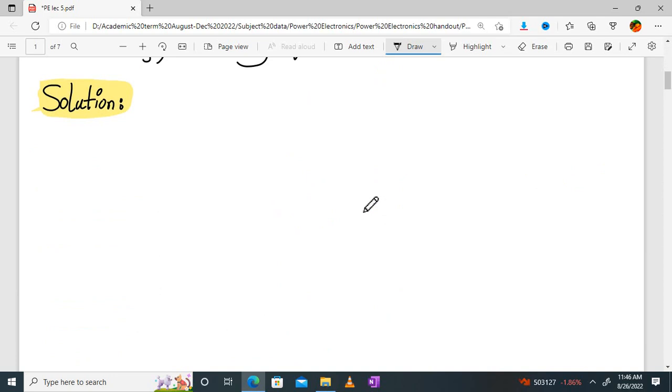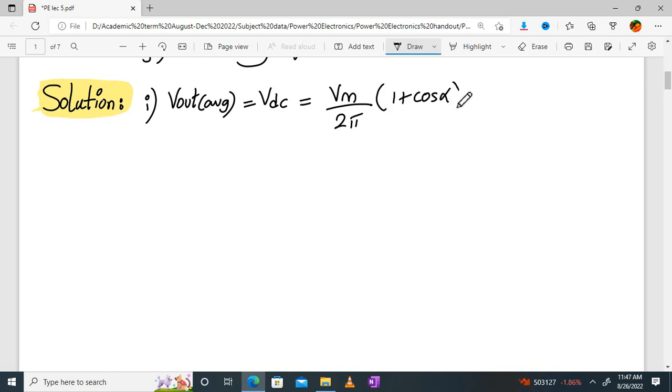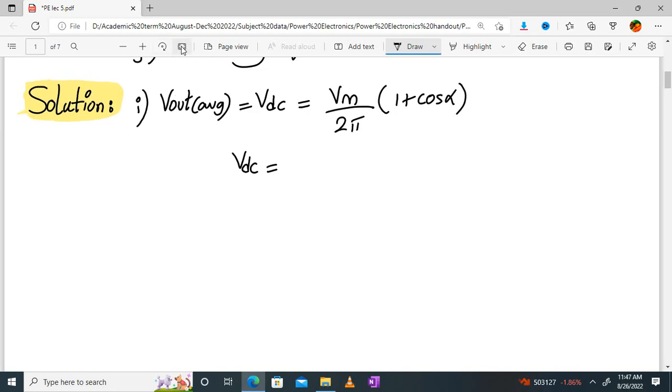First of all, we are supposed to find the average value of the output, right? So let us start. V out average or VDC. What is the formula? Vm by 2 pi into 1 plus cos alpha. VDC will be, what is Vm? 100 divided by 2 pi into 1 plus cos of the delay angle, here you will write 90 degrees.